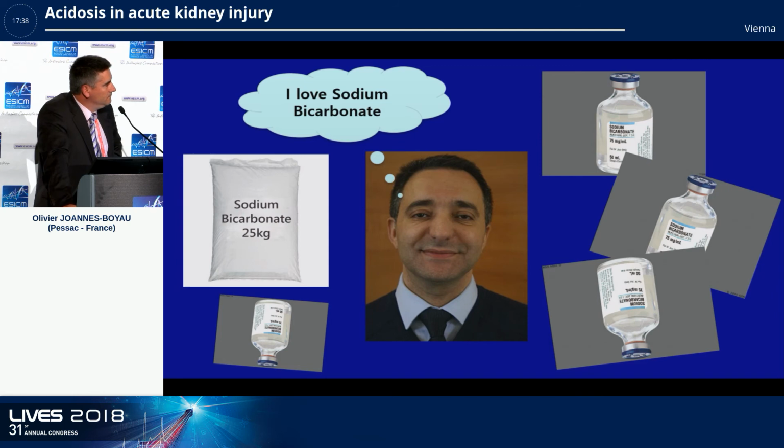At the beginning it's hyperchloremia, then after hyponatremia, then hyperphosphatemia, and also one unknown or not very popular cause is some unknown anions which are released during kidney disease.